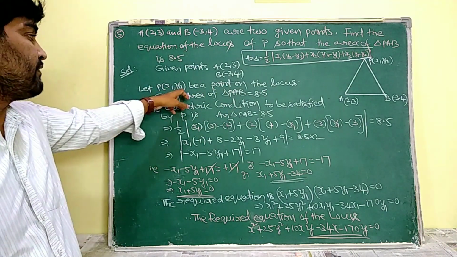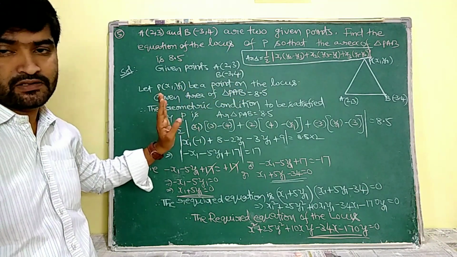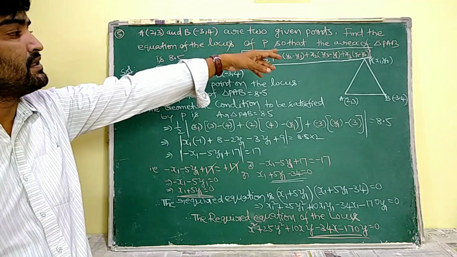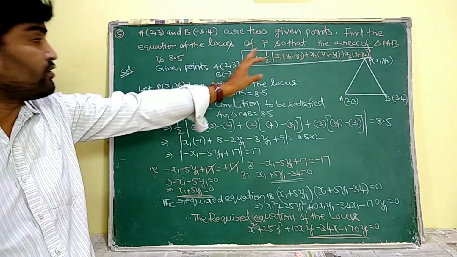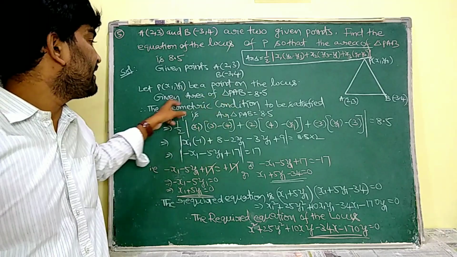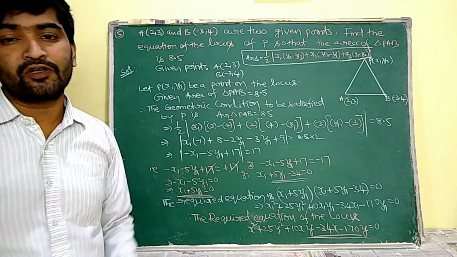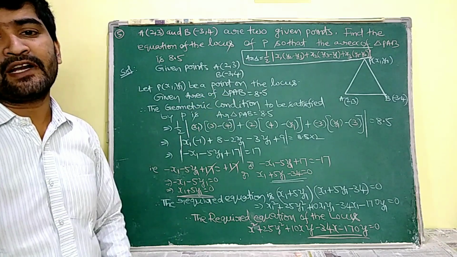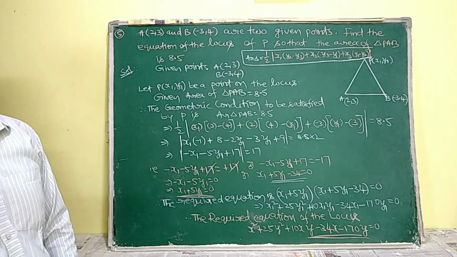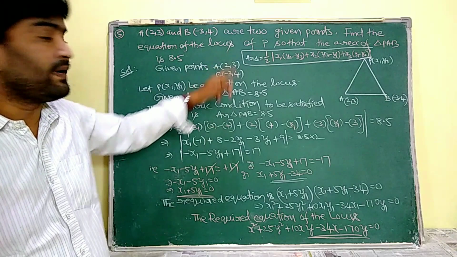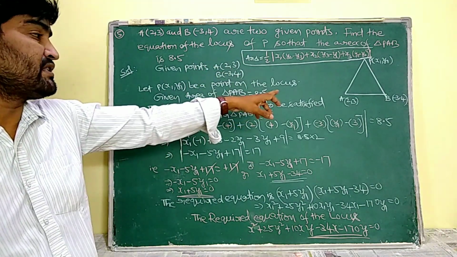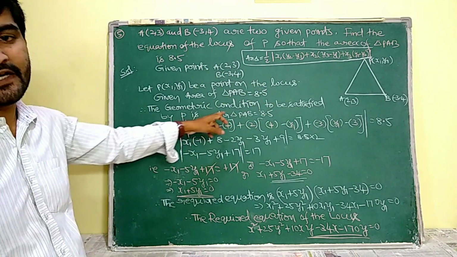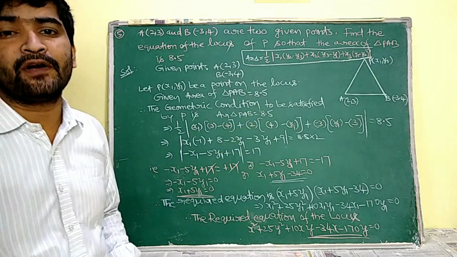So let P (x1, y1) be a point on the locus. Here he gave that the area of the triangle PAB is equal to 8.5. That means this is the geometric condition which will be followed by the point P. Therefore the geometric condition to be satisfied by P is area of triangle PAB is equal to 8.5.